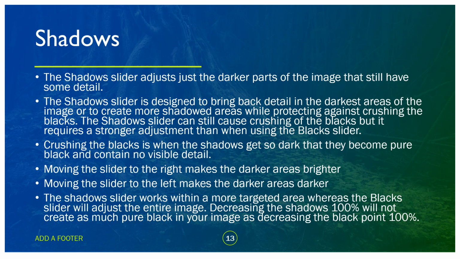Crushing the blacks is when the shadows get so dark that they become pure black and contain no visible detail. Moving the slider to the right makes the darker areas brighter, and moving the slider to the left makes the darker areas darker. The shadows slider works within a more targeted area, whereas the black slider will adjust the entire image. Decreasing the shadows 100% will not create as much pure black in your image as decreasing the black point 100%.